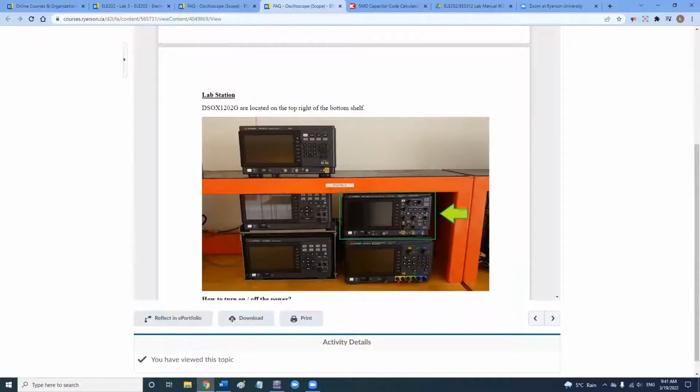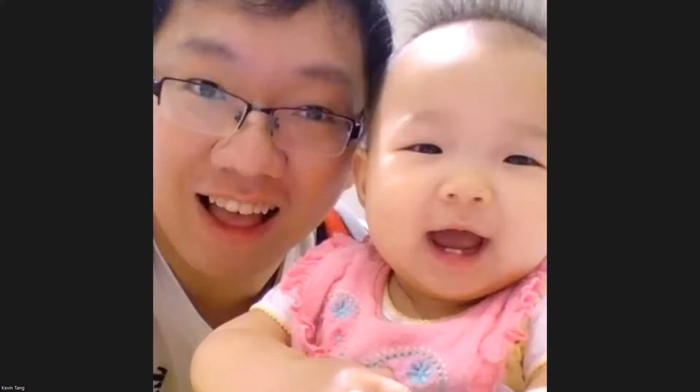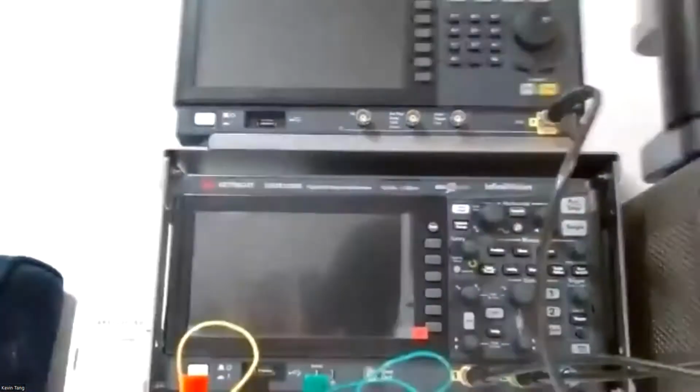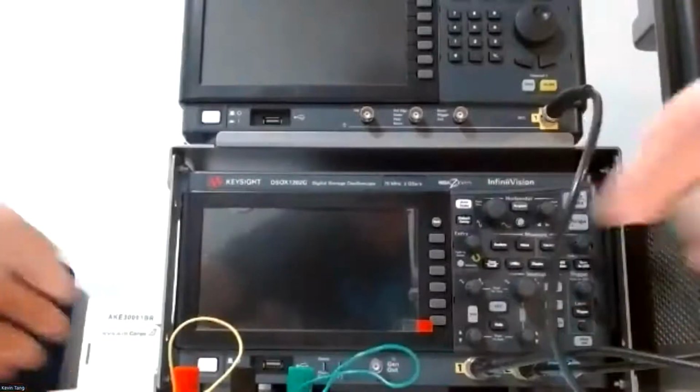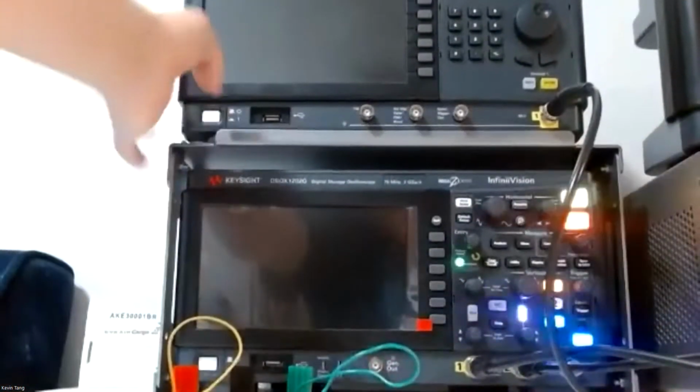Just want to go through it. Now, if you have any pre-lab issues, let me know. Okay, I'm going to stop sharing. I'm going to use my camera. All right, guys. So here we go. These are the two things we're going to use. Let me just take myself.